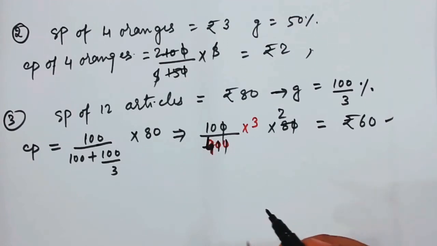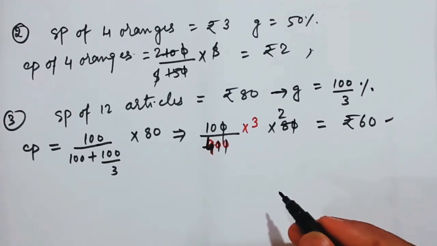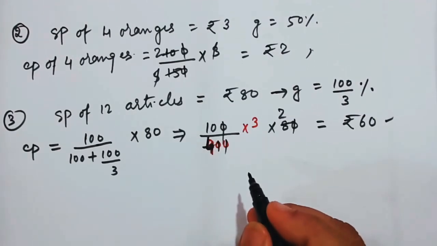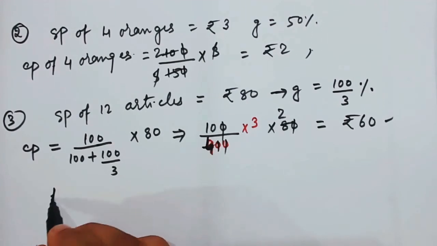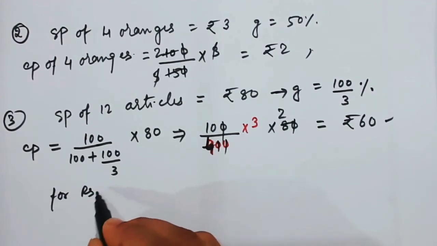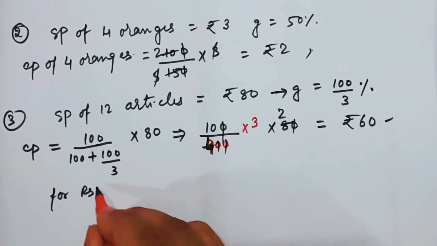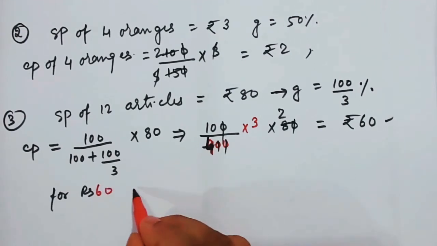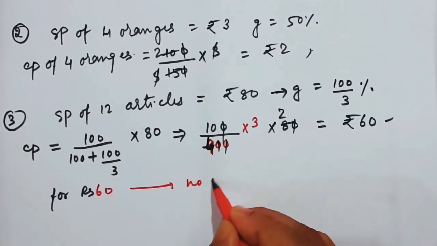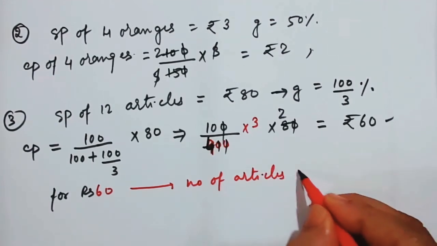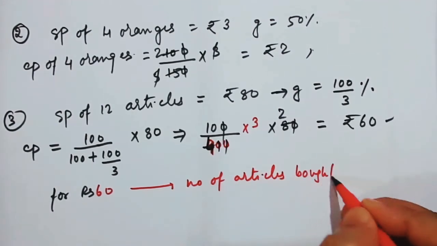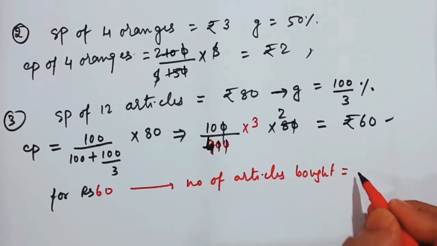Now what are they asking? Find the number of articles bought by the man for rupees 90. So for rupees 60, the number of articles bought is equal to 12.